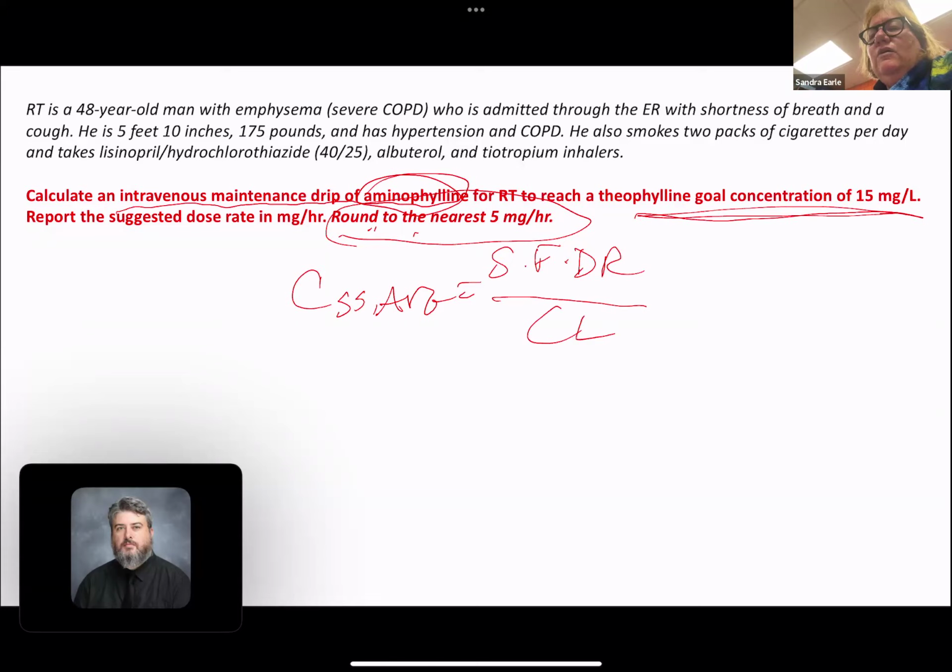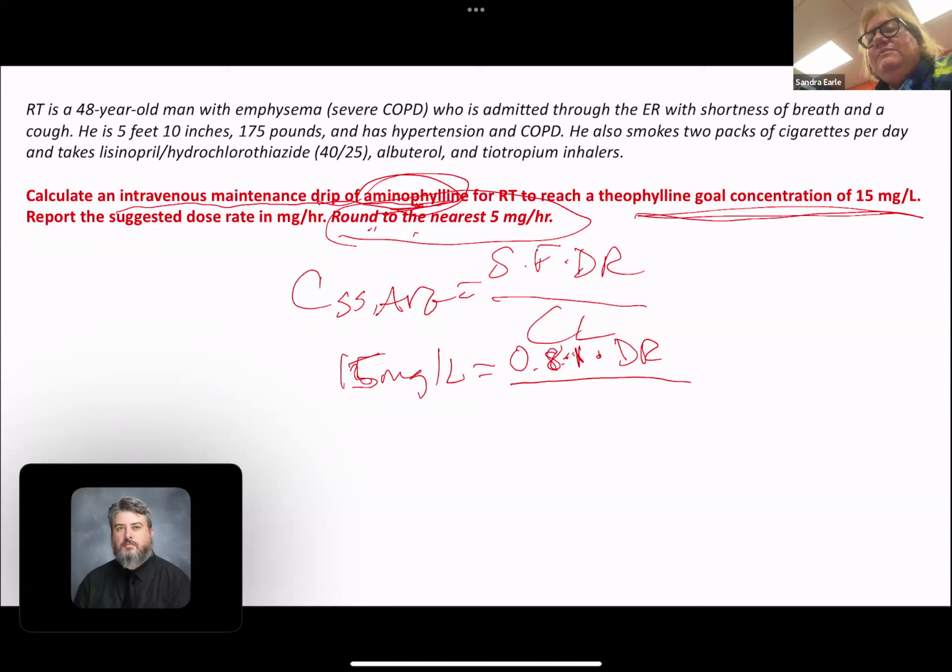And again, our goal is 15 milligrams per liter. Our salt form is 0.8 because we're doing aminophylline. Bioavailability, we're giving a drip, so it's going to be 1, isn't it? We're giving an IV. Either way, the bioavailability is 1 times dose rate all over clearance.